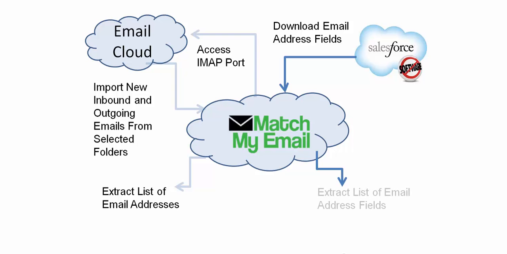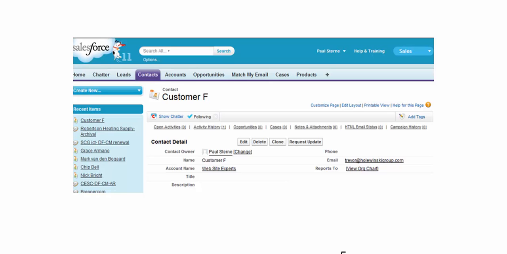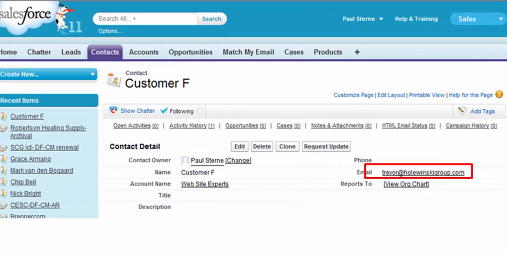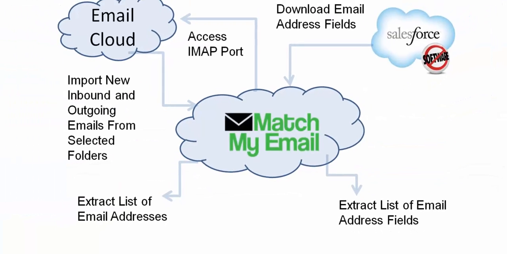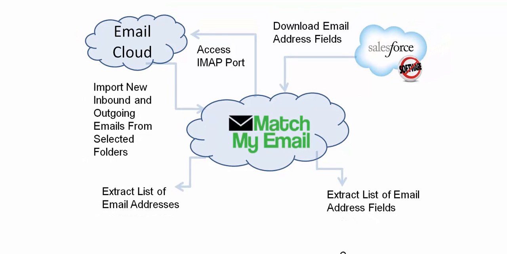From these email address fields, it extracts email addresses. For example, here in this contact, there's an email address field that Match My Email can use to match to the email addresses in the to, from, CC, and blind CC lines of the email header. Now the system has two lists of email addresses.